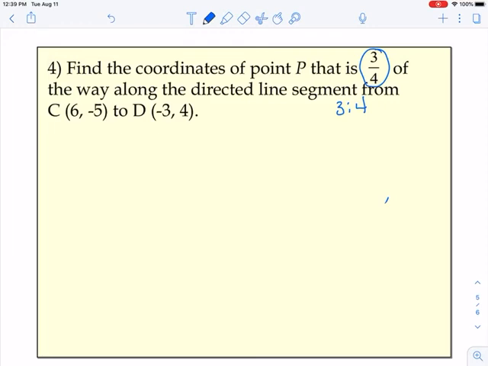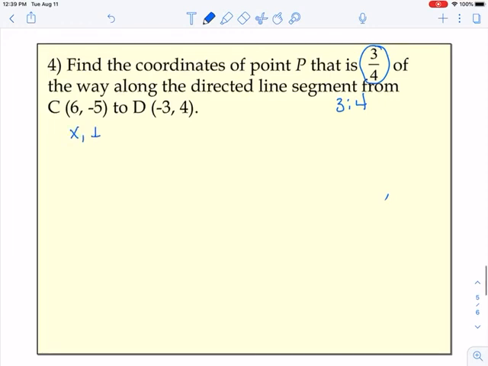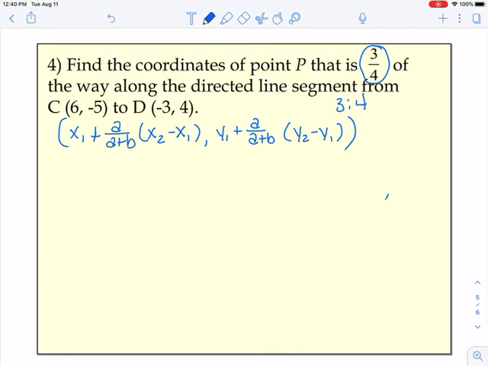Okay, so again, we have X1 plus A over A plus B times X2 minus X1, and Y1 plus A over A plus B times Y2 minus Y1. Okay, again, first ordered pair that you see has to be X1, Y1.